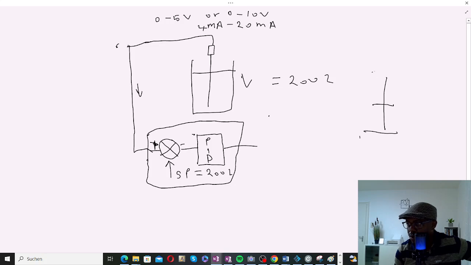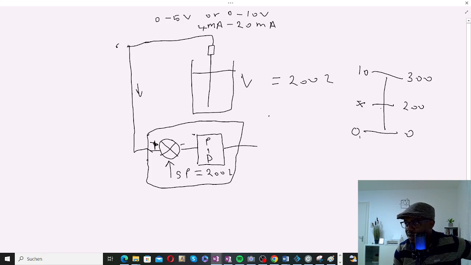We know that the highest value you can have here is 300. The lowest value you can have is 0. And if we're using a 0 to 10 volts signal, we have 0 and 10 volts. And here we are interested in 200. Our set point is 200. Now, what is the equivalent of 200 here? We can call it x. That we can solve for.